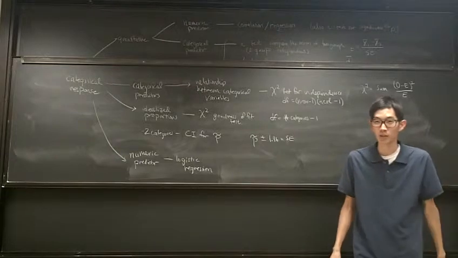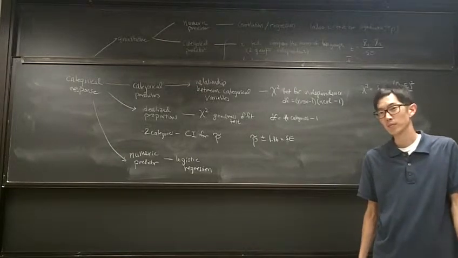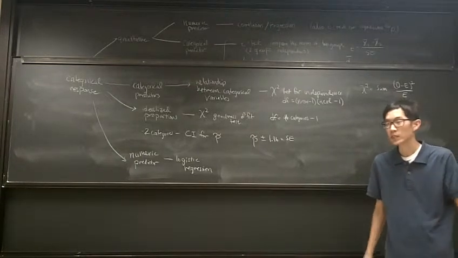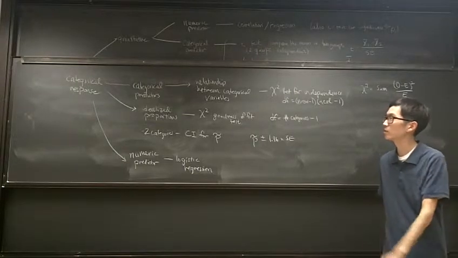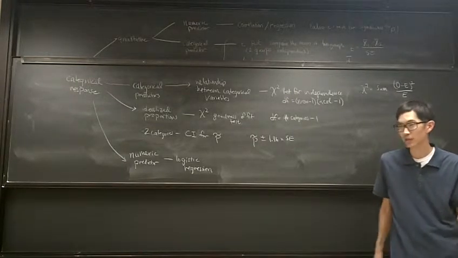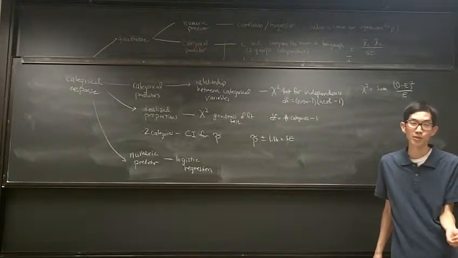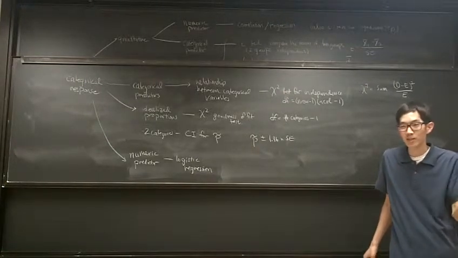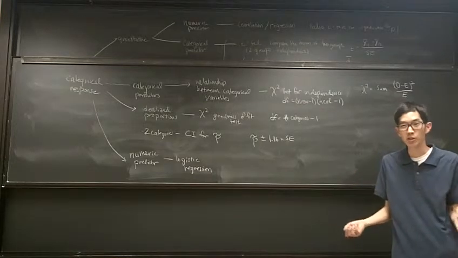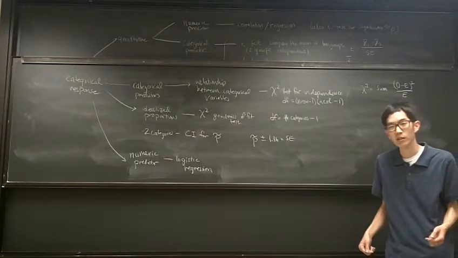Are numeric predictors all like binomials? No, a numeric predictor is basically a numeric variable. So width, weight, something that you can measure, not a yes or no type of thing.